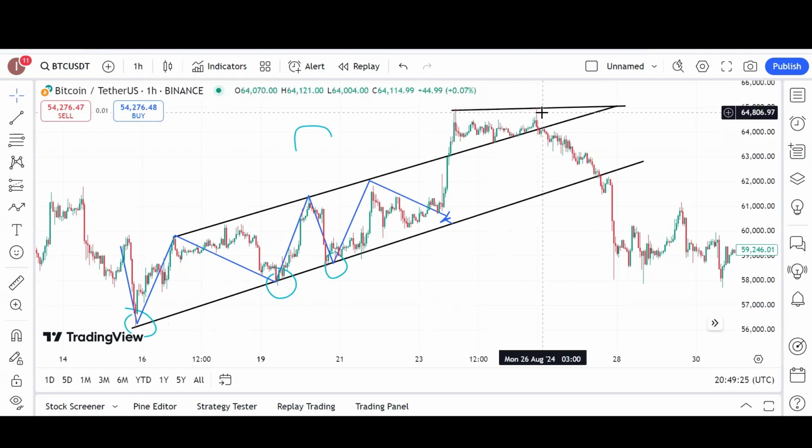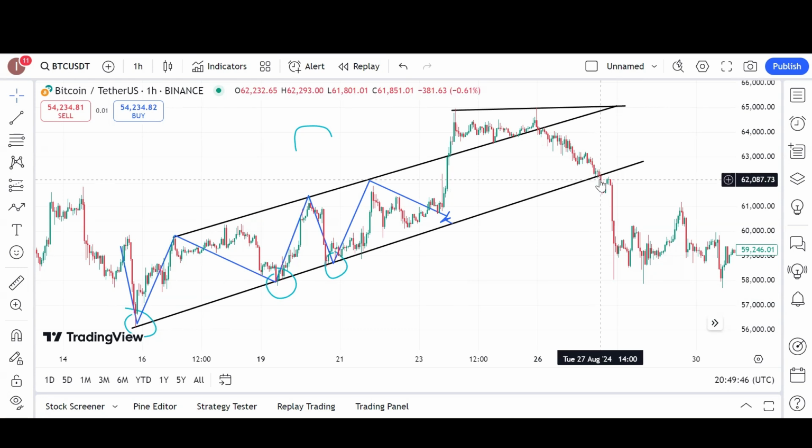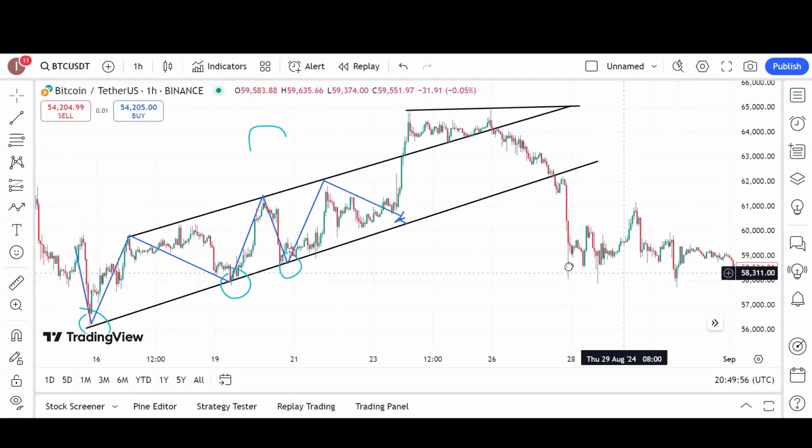When it again hit the resistance level, the resistance here is strong at 64,882 points, and now the new support level is broken, and it's again low to our previous support level. And then you can see the previous support level is also broken, and now it goes to the downward side.